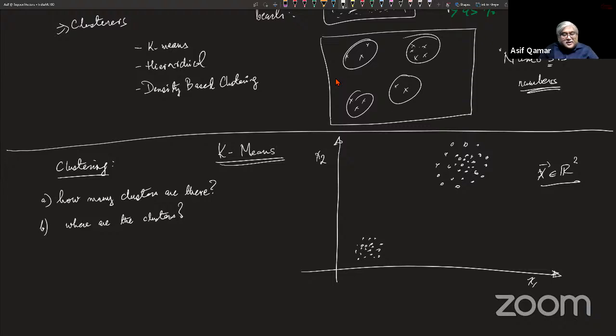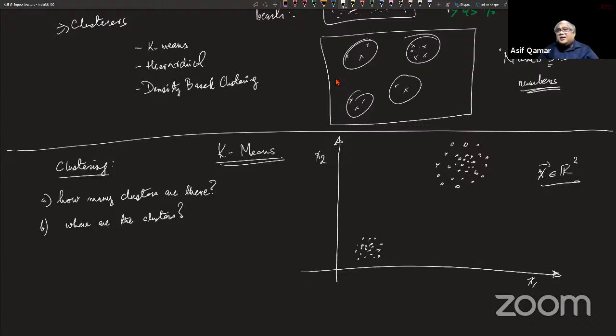So now k-means does not answer the question of how many clusters. It says you tell me how many clusters to find, and I will find you that many clusters no matter what. So for example, if you ask it to find 10 clusters, it will go find 10 clusters in this data. So it leaves half the problem to you and solves only the other half, part B of the problem. It says, tell me how many clusters you want to see.